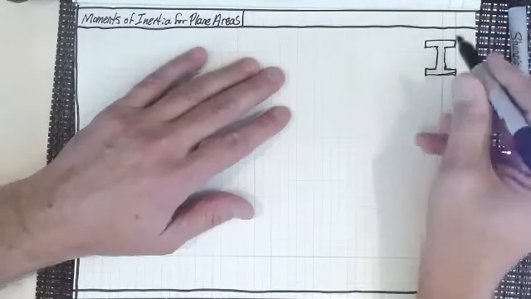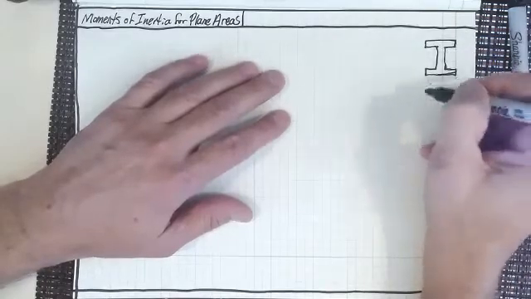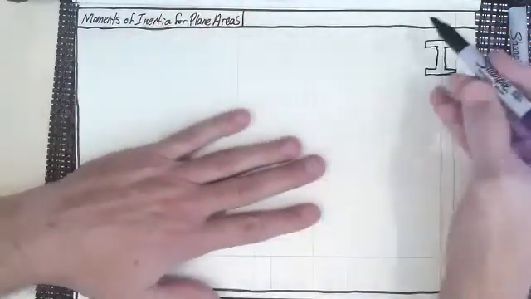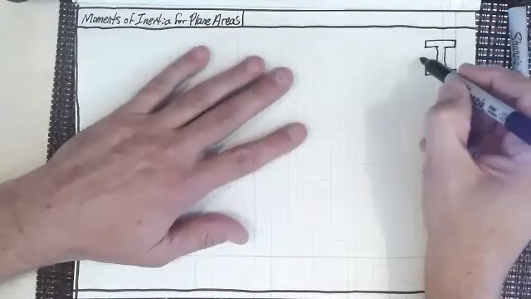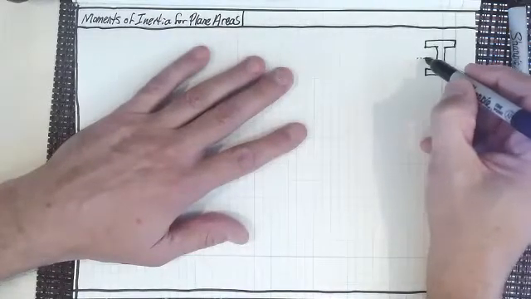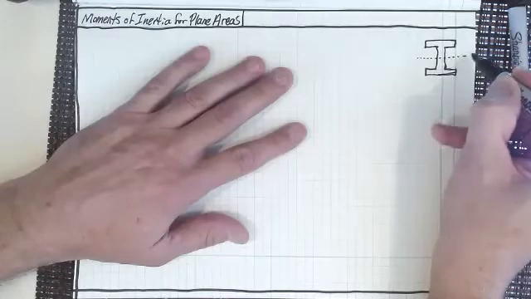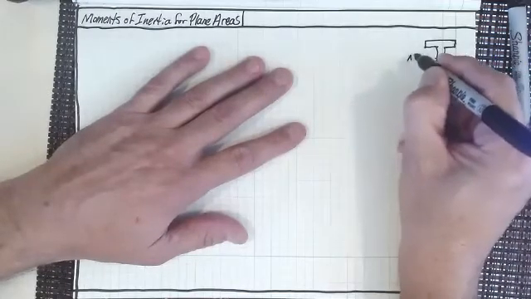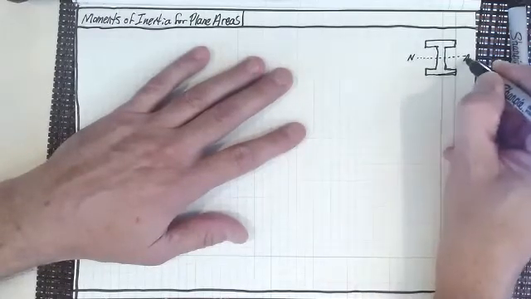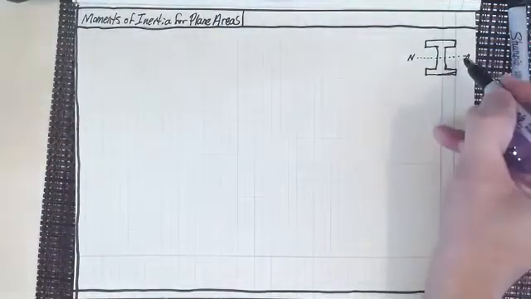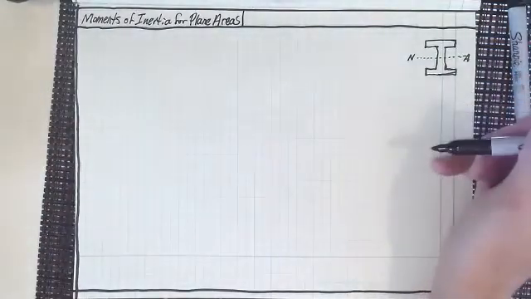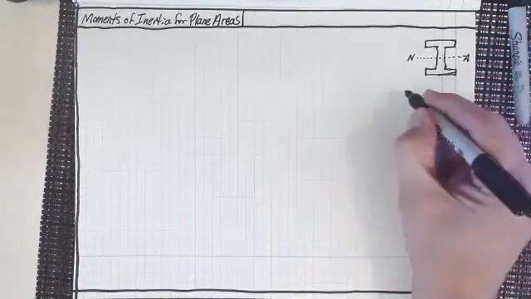When we do the I-beam, we're going to have to figure out what a neutral axis is. I'm going to draw this here for an I-beam, because eventually this is where we're getting to at the end of the course, right? We're going to be looking at flexure diagrams for I-beams.